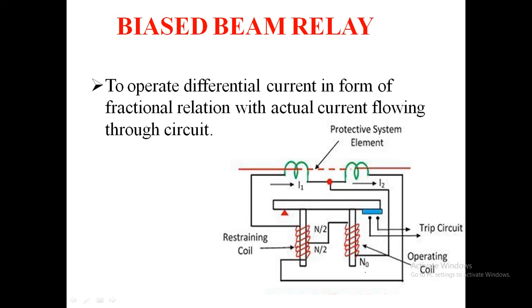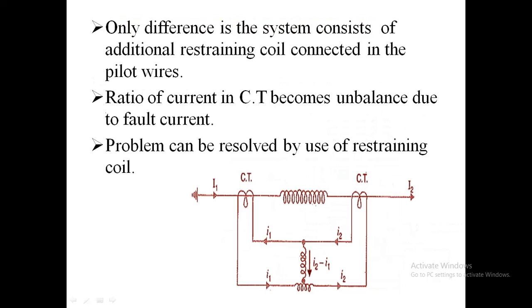That is, it responds to the differential current as a percentage of the current flowing through the protected section, which is why it is called the percentage differential relay. It is the ratio of the differential operating current to the average restraining current.